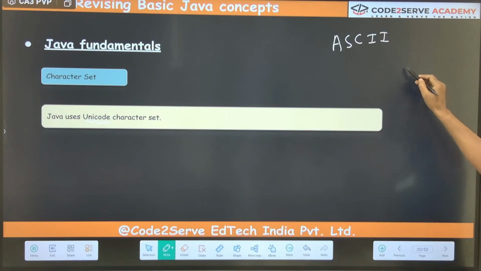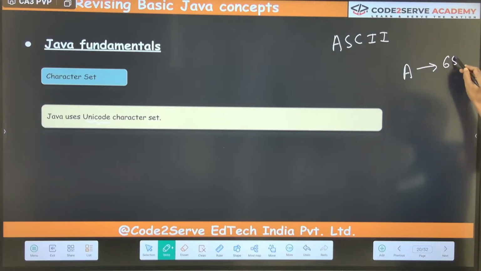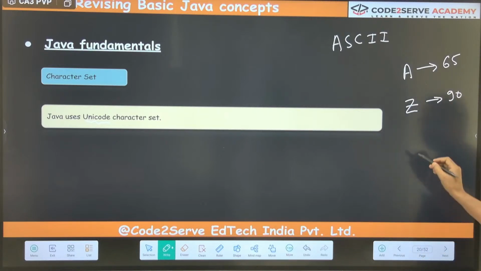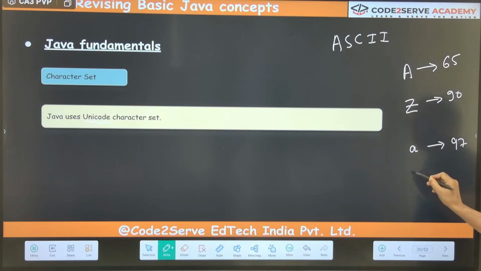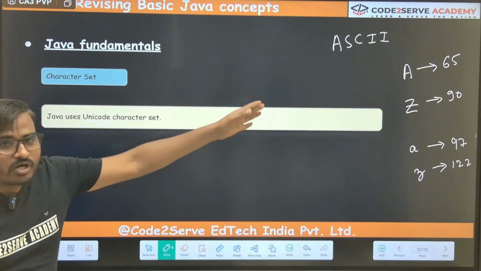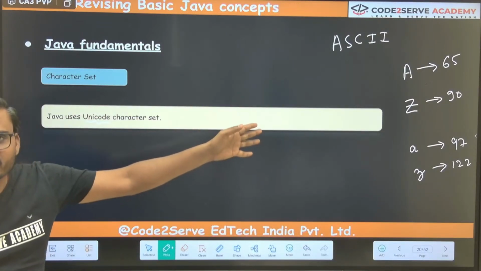For example, capital A corresponds to 65, capital Z corresponds to 90, small a corresponds to 97, and small z corresponds to 122. This is what ASCII coding is.